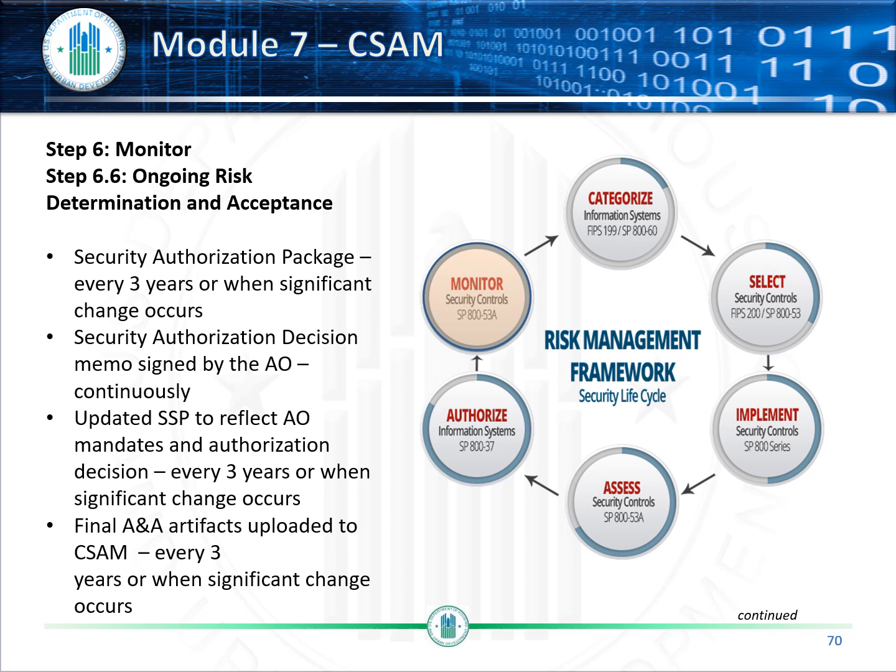The AO-approved POAMs as finalized in CSAM, an updated SSP to reflect AO mandates and authorization decision, and a final ANA group of artifacts uploaded to CSAM and CSAM dates updated within 5 business days of authorization.